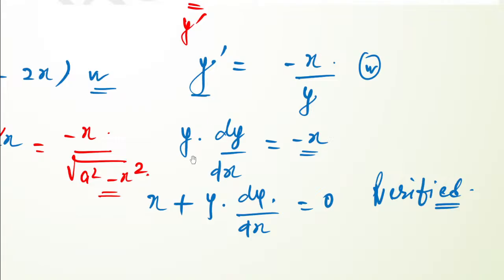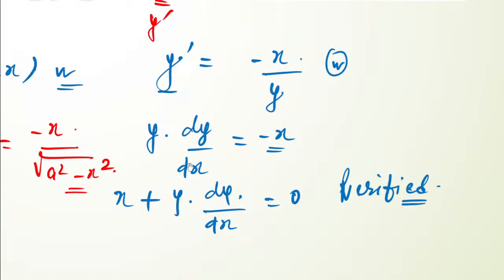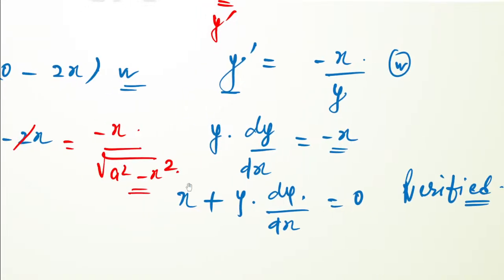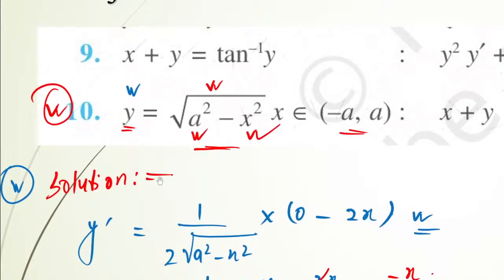After the cross multiplication I get y, and the derivative of y is also written dy by dx, equal to minus x. This minus x moves to the left hand side, then I get the final step, x plus y into dy by dx equal to 0. This is verified. Hope there is no problem understanding the solution of question number 9 and 10.